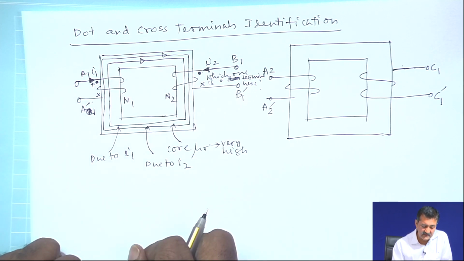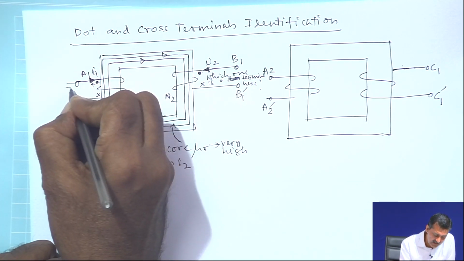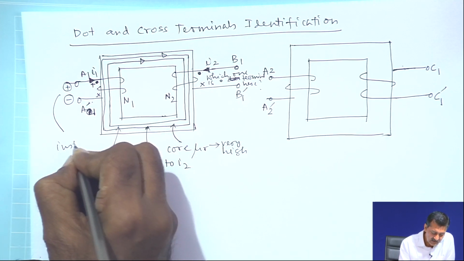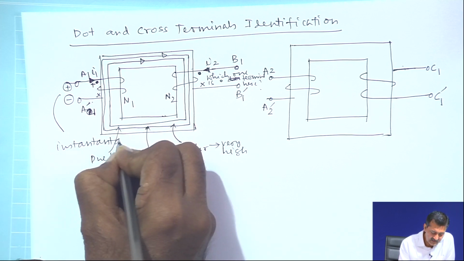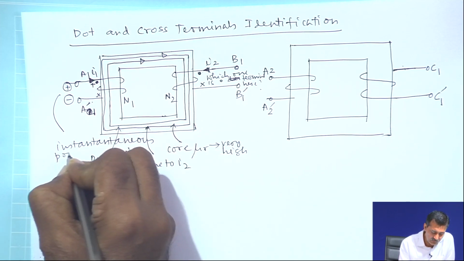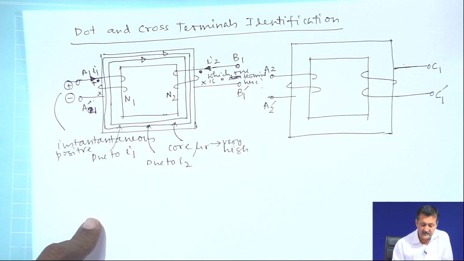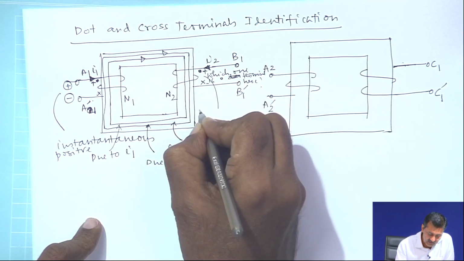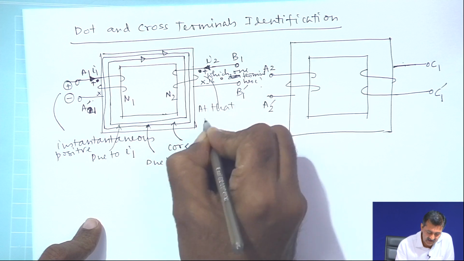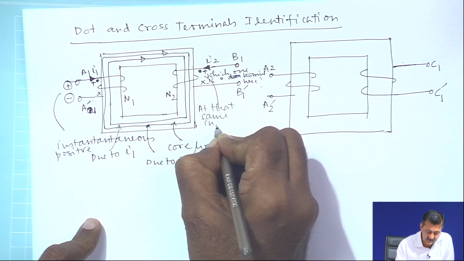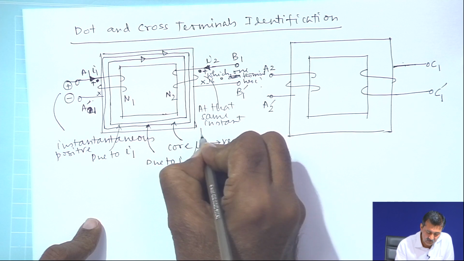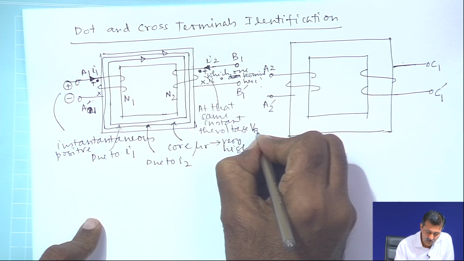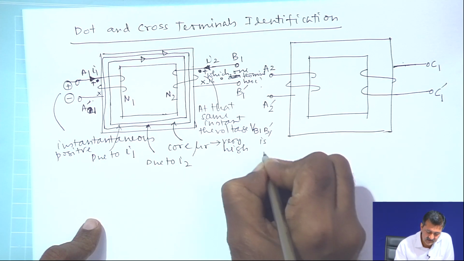What it is implying is that if I apply an instantaneous positive voltage here, at that same instant the voltage VB1 dash is also positive.